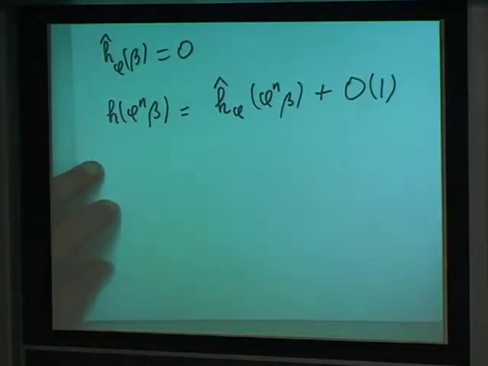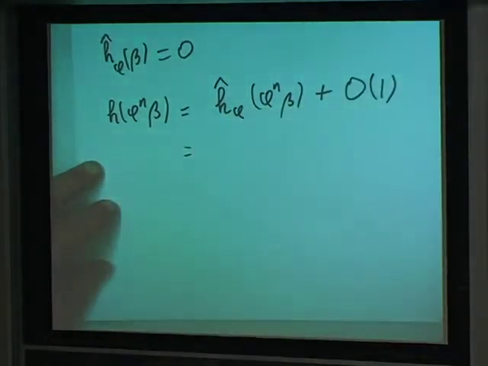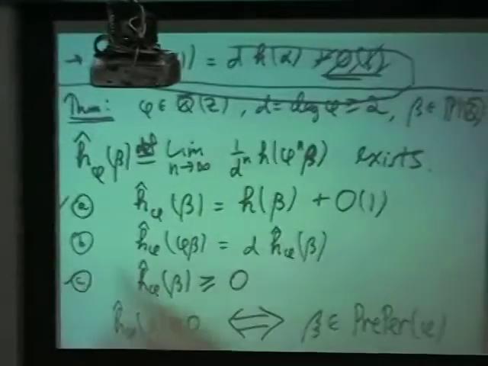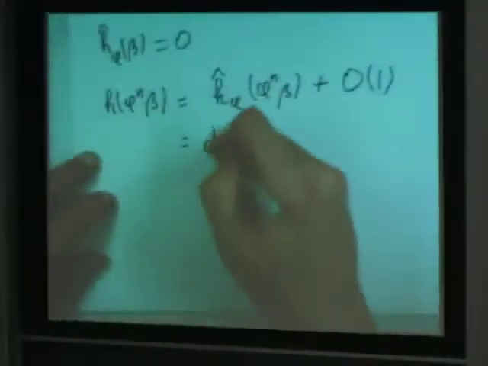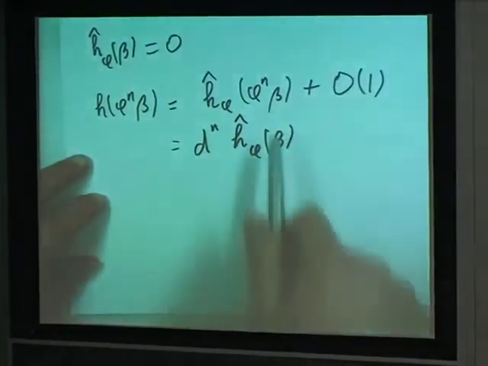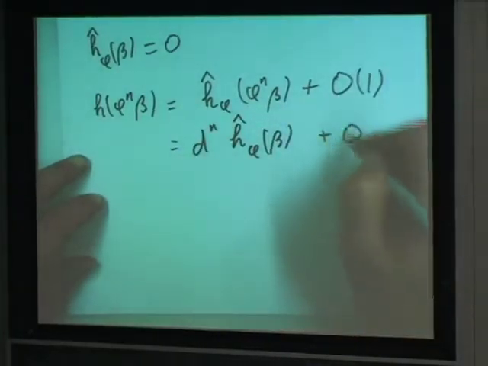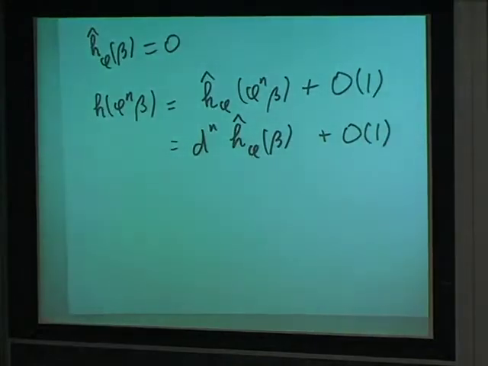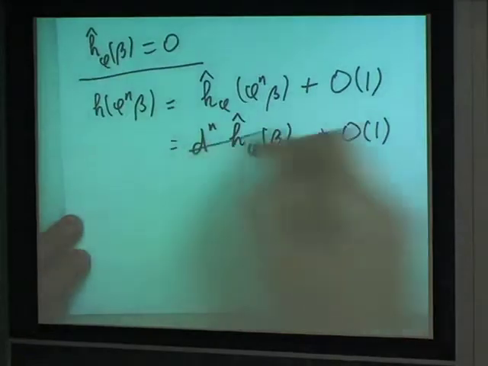That's the key. But the canonical height, oh, actually, I didn't prove part B, did I? This was A. All right. I've done A. I'm doing C. We'll come back and do B in a minute, but I'm actually about to use B. Oh, well. So the canonical height behaves canonically in that applying phi just multiplies it by d.